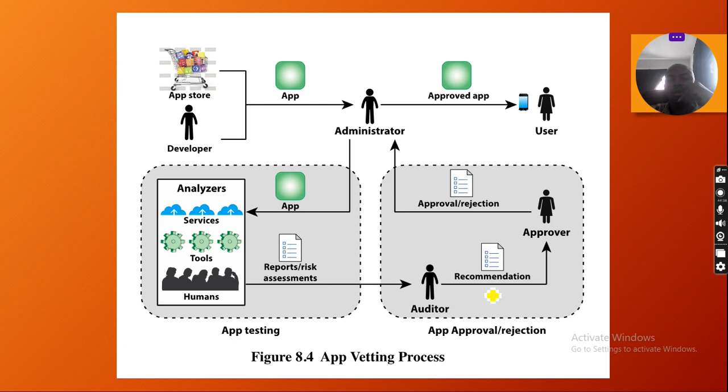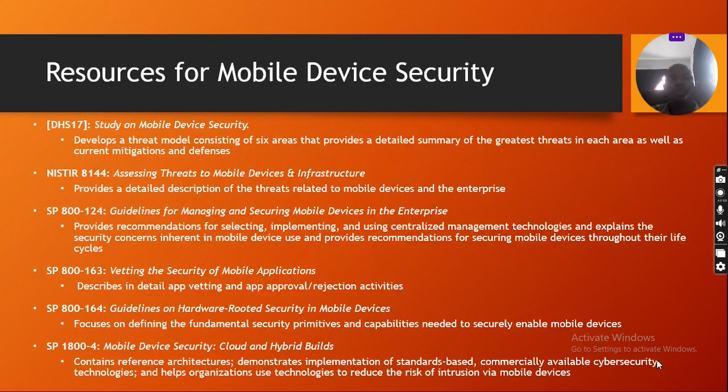Once that is done, there's an audit section that creates recommendations. Then there's an approver who approves or rejects if this is against the practice. Once it's approved, you are able to access and download this app on your system. Is that okay? Now let's move on quickly.